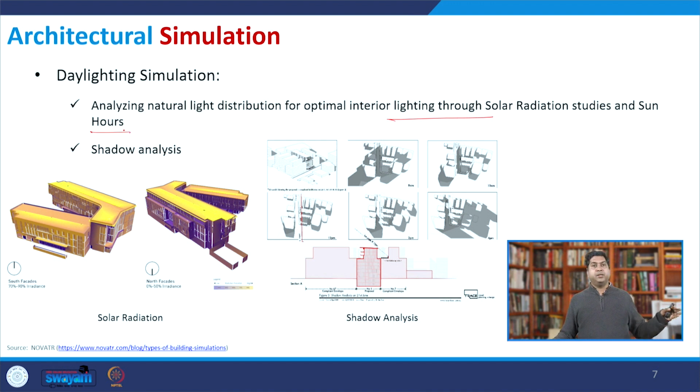It also helps in shadow analysis, because not only the areas which get exposure to sunlight, but also the areas which are under shade can be used effectively for a sitting place or maybe for certain vegetation. So this kind of simulation can help you with that.